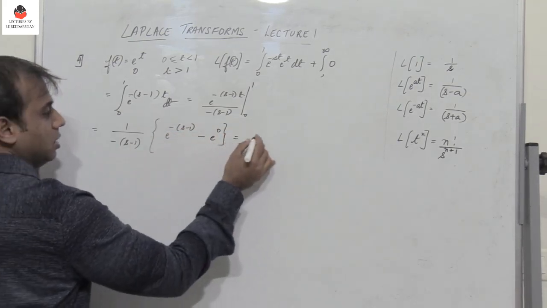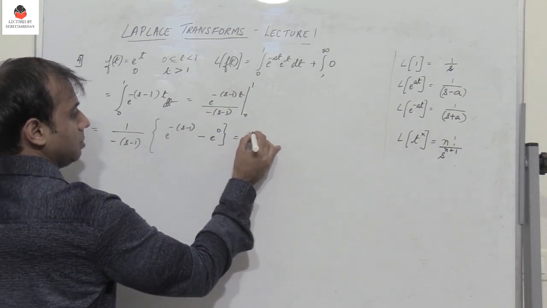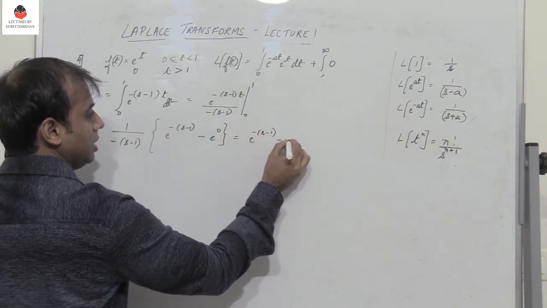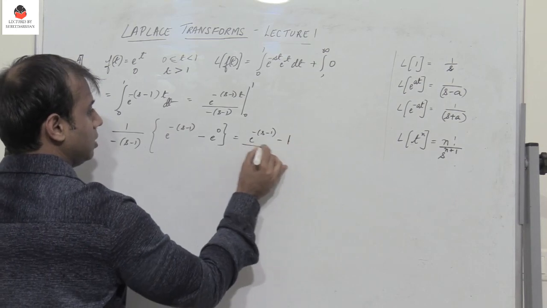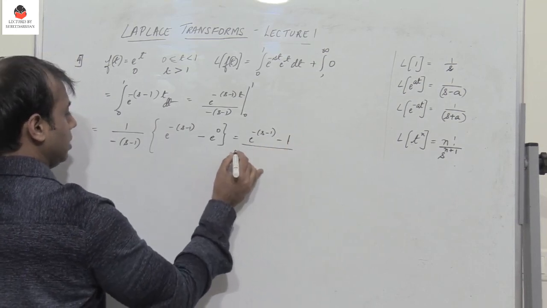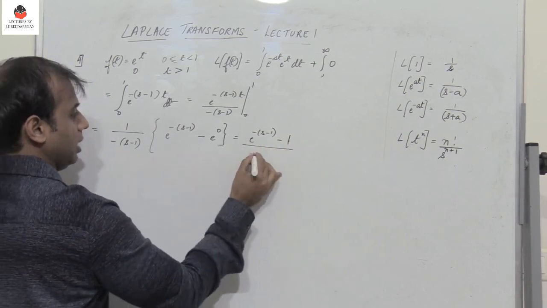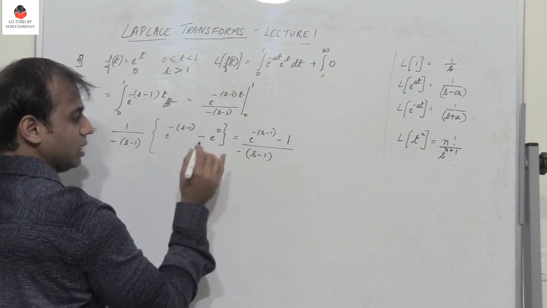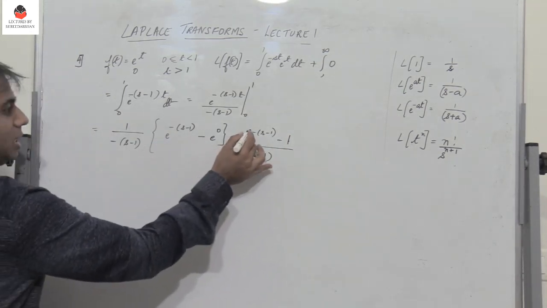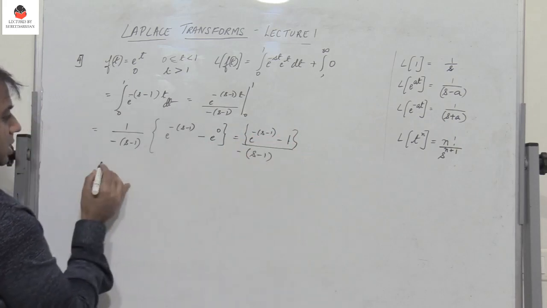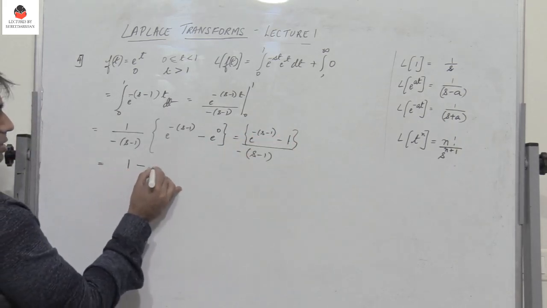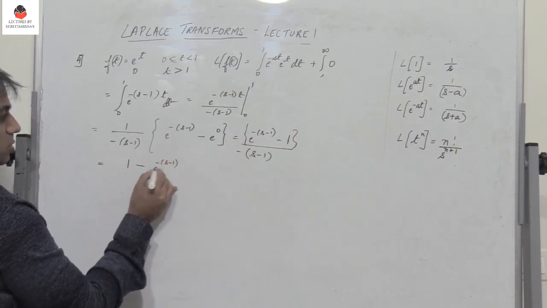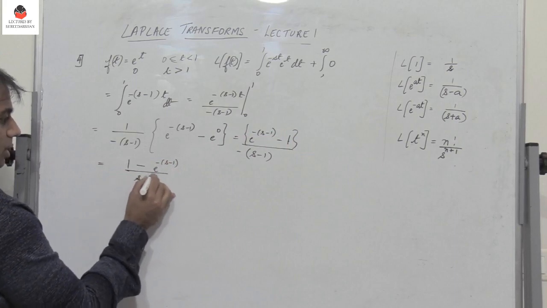So this is e power minus (s minus 1) minus e power 0, which is 1, divided by, can I write this as (s minus 1) with a minus sign? Yes. If I multiply this expression by the minus sign, I get 1 minus e power minus (s minus 1) divided by (s minus 1).